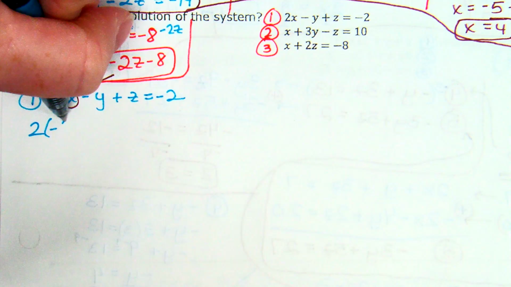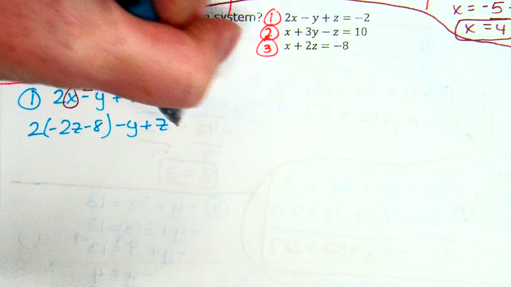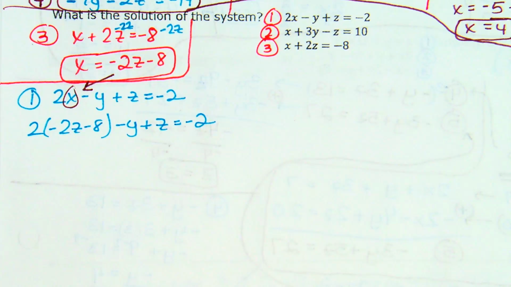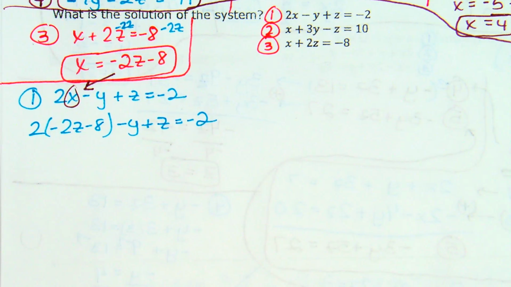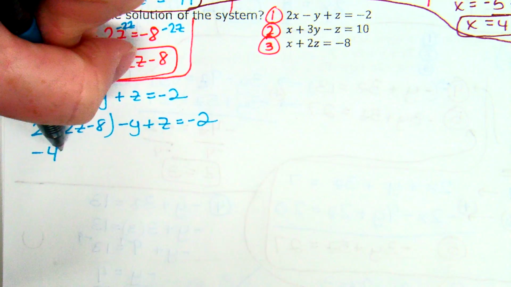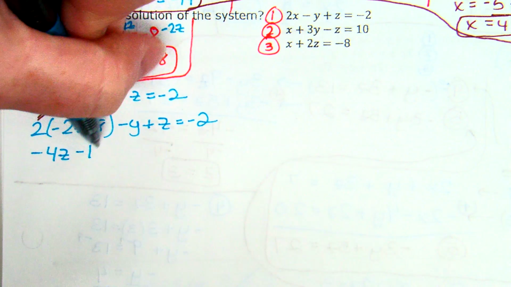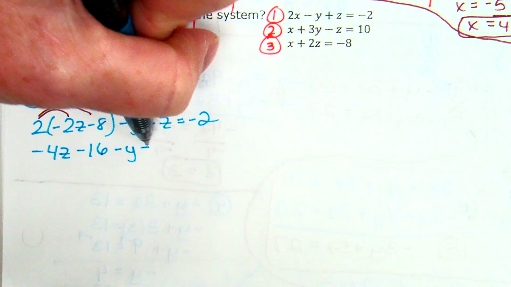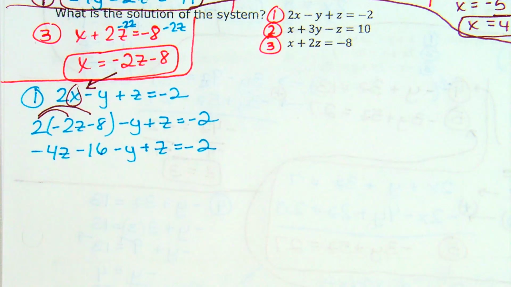Still I have a minus y and a plus z and equals negative 2. Clean up. First we need to distribute that 2. 2 times negative 2z, negative 4z. 2 times minus 8, minus 16. Still minus y, still plus z, still equals negative 2.